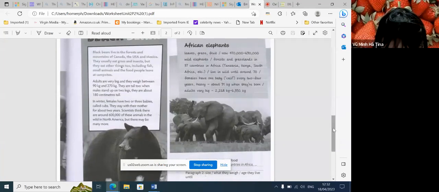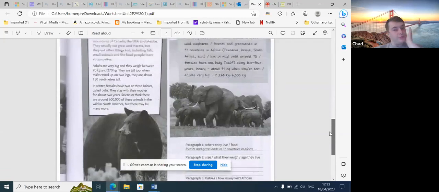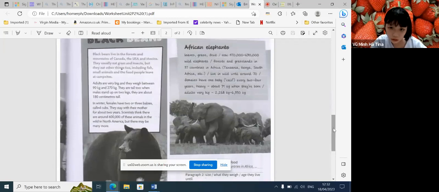The calf is about 91 kilograms. Yes, exactly. So that's when they're born, and then the adults. Well, the adult African elephants, they're very big, 2,268 kilograms to 6,350.